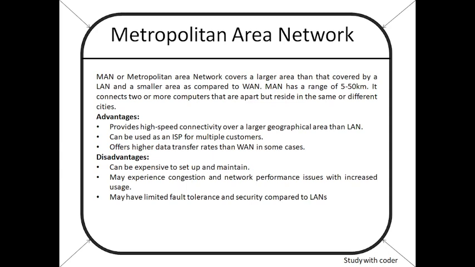Metropolitan Area Network. A MAN, or Metropolitan Area Network, covers a larger area than that covered by a LAN and a smaller area as compared to a WAN. A MAN has a range of 5 to 50 km. It connects two or more computers that are apart but reside in the same or different cities.